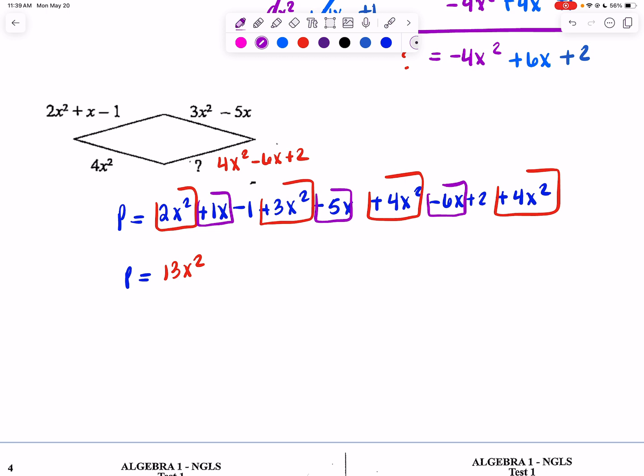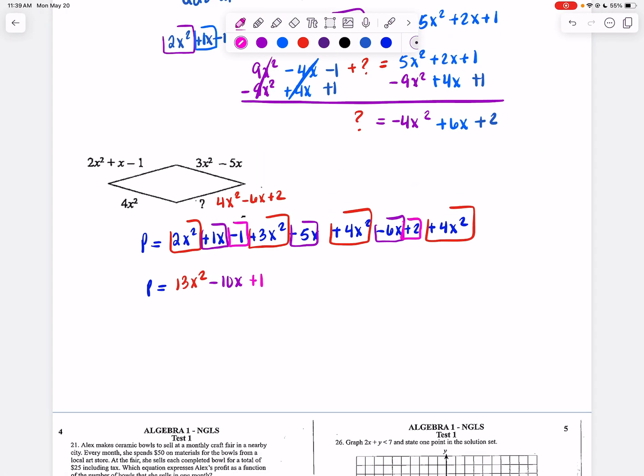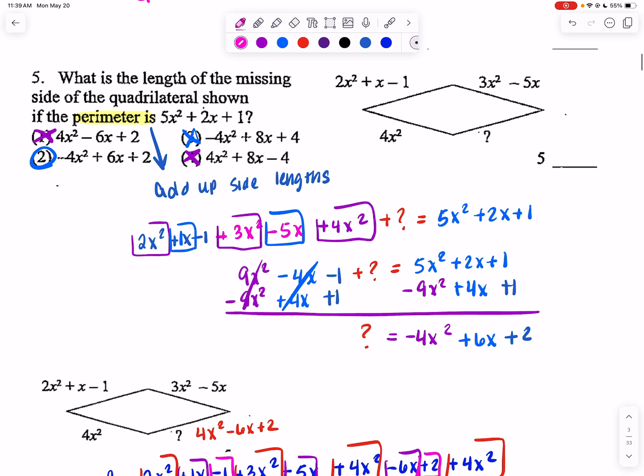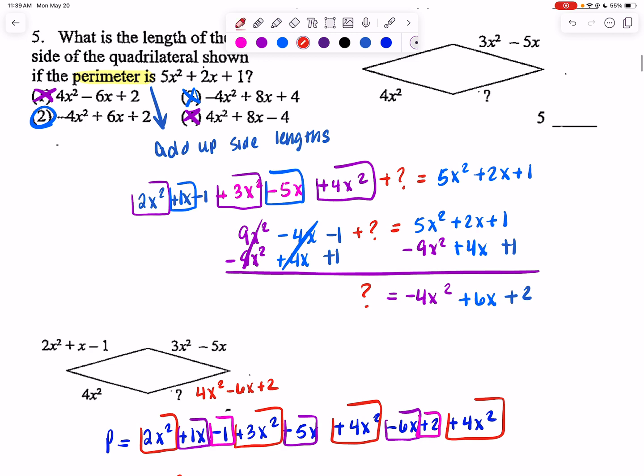So 1x minus 5x gives me a negative 4x, minus 6x gives me a negative 10x. Now I'm going to do my minus 1 and my plus 2. So negative 1 plus 2 is 1. So if you look at the question, it wants a perimeter of 5x squared plus 2x plus 1. So that is not the same thing. So it automatically can't be answer choice 1.